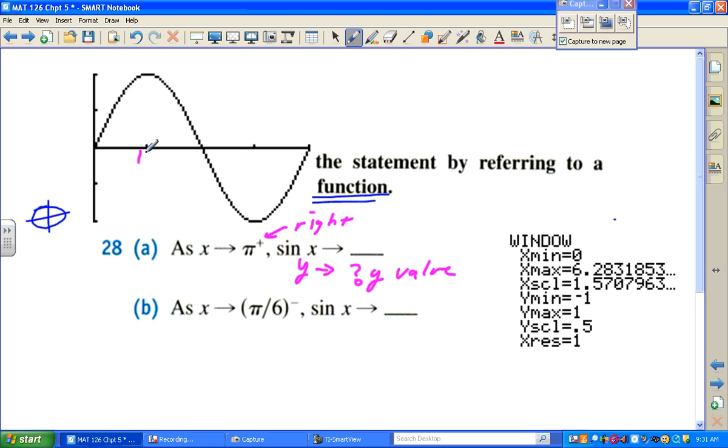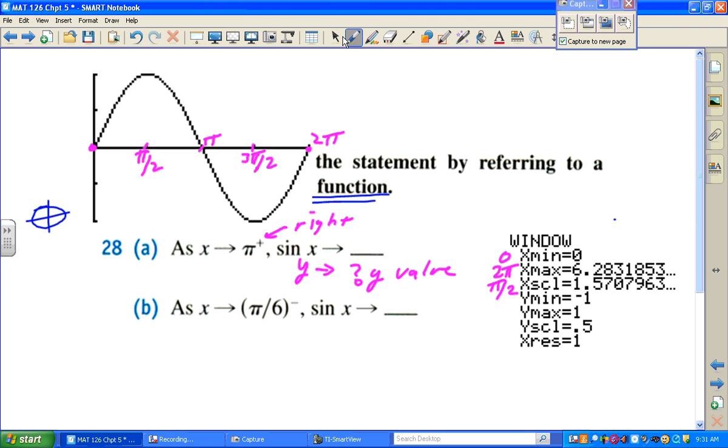Now, we made this pi over 2, this pi, this 3 pi over 2, this 2 pi. We set the minimum at 0, maximum at 2 pi, the scale at every pi over 2.